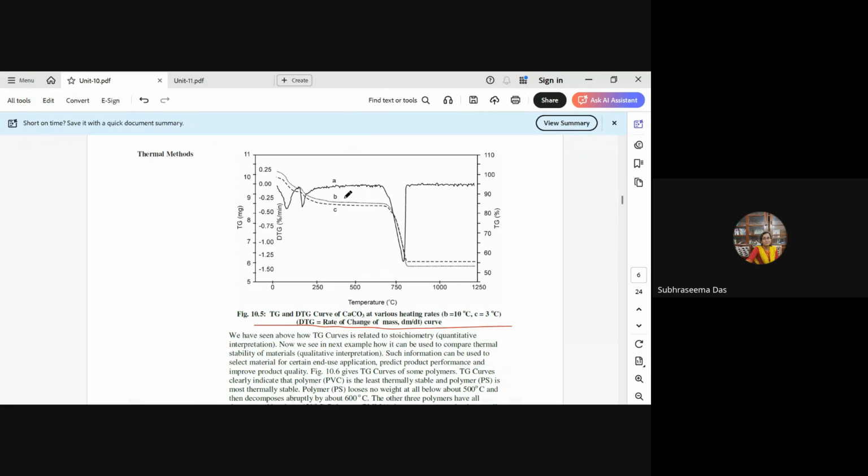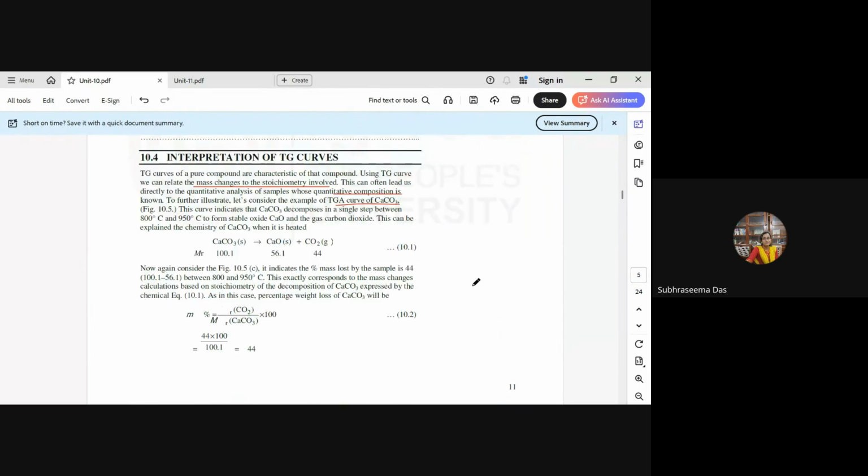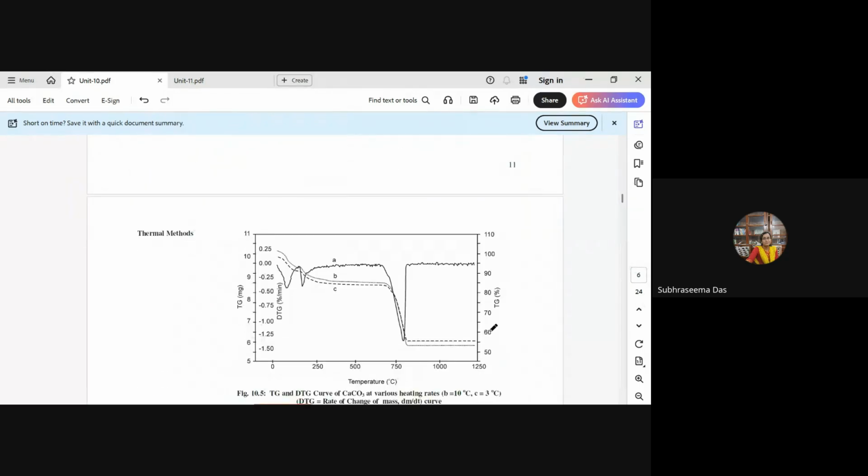Here, B is heating at 10 degrees centigrade per minute and C is heating at 3 degrees centigrade per minute. Now these curves indicate that calcium carbonate decomposes in a single step between 800 and 950 degrees centigrade.